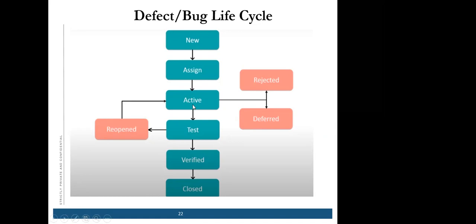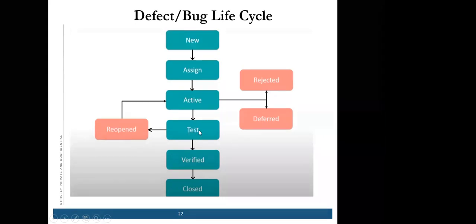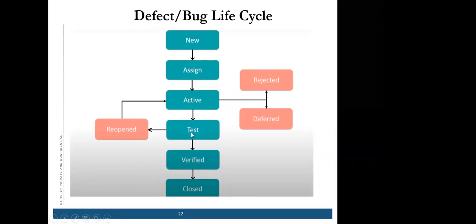After that the developer will fix the bug, and then again it goes to the testing team, and the testing team will retest that bug, and if it is fixed, then they will verify and close the bug. Okay, the tester team will verify and close the bug.